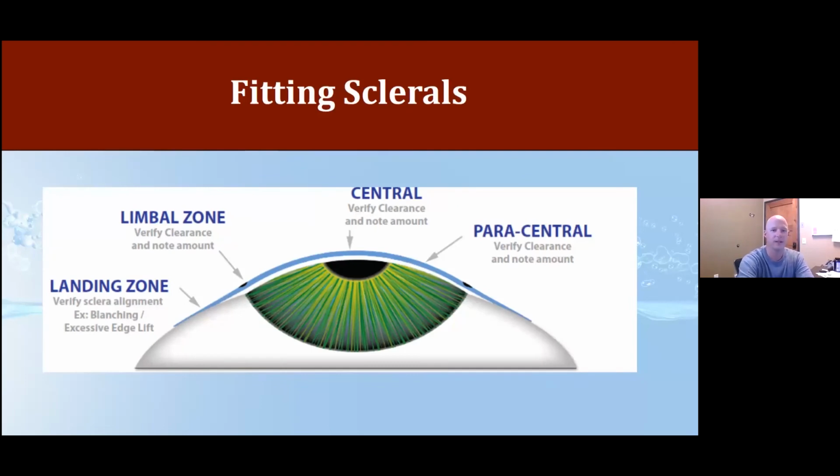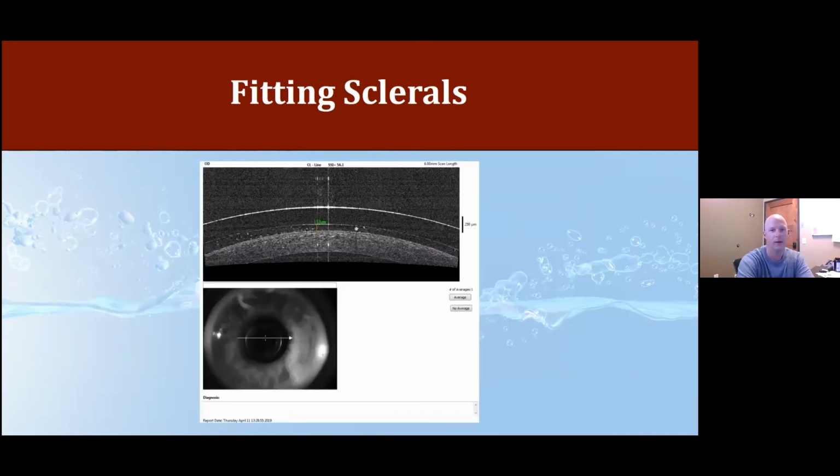So from the side, this is what a scleral lens looks like. The lens rests on the white part of the eye. It vaults over the cornea here. There's space between the back surface of the lens and the cornea, which we can also see on this OCT scan. This is an instrument we use to help us fit these lenses.